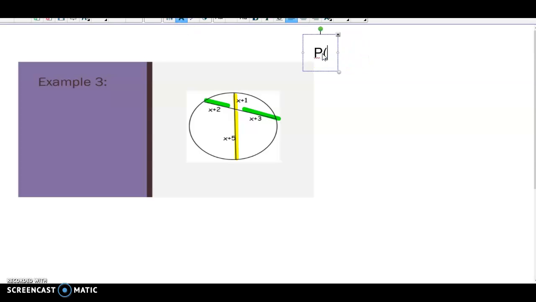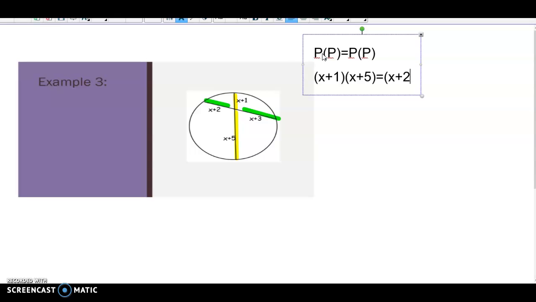I'm still going to say part times part is equal to part times part. So x plus 1 times x plus 5 is equal to x plus 2 times x plus 3. I can understand why this would seem a little bit more intimidating of an equation, but what we're going to do here is just distribute.